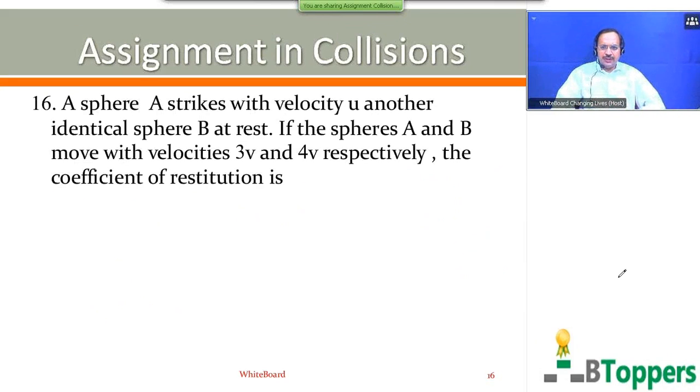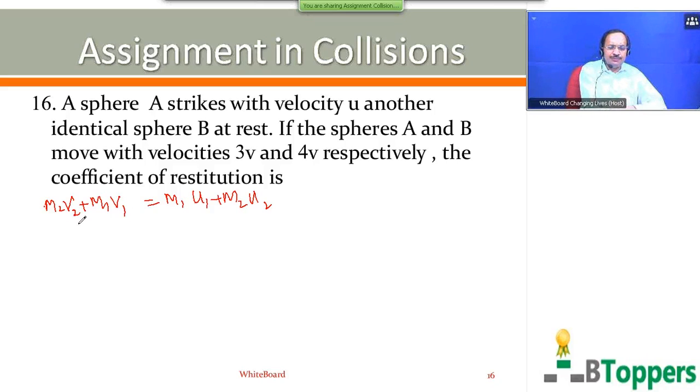See question number 16 now. Sphere A strikes with velocity u another identical sphere B at rest. The spheres A and B move with velocity 3v and 4v respectively. The coefficient of restitution is? Here both the spheres have the same mass, m2 equal to m1. For any one-dimensional collision, you can write m2 v2 plus m1 v1 equal to m1 u1 plus m2 u2.